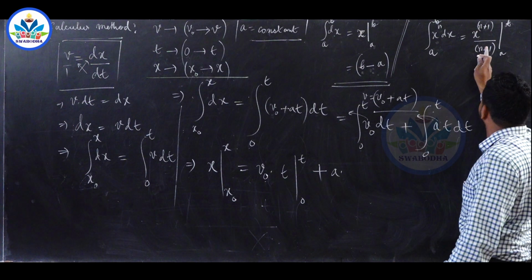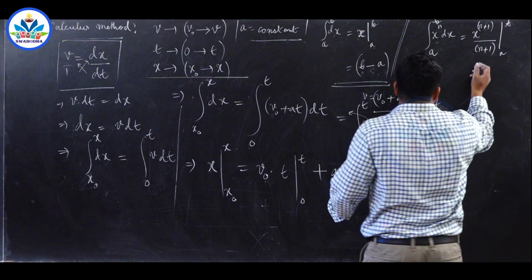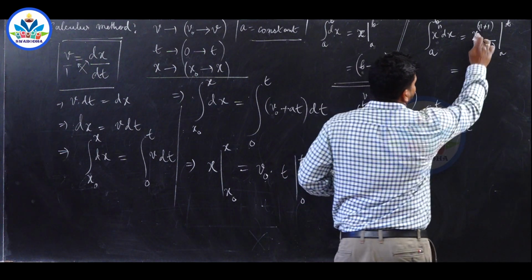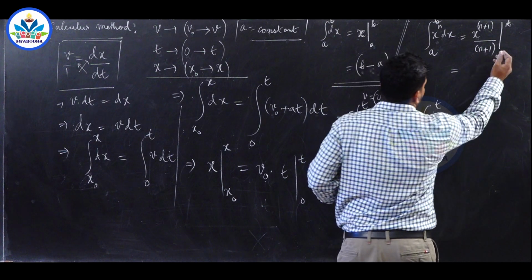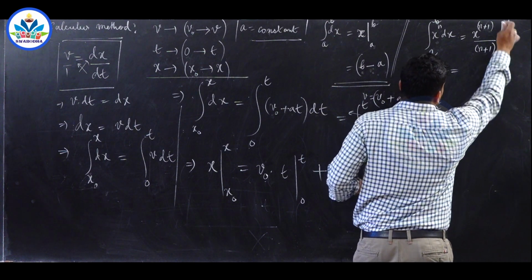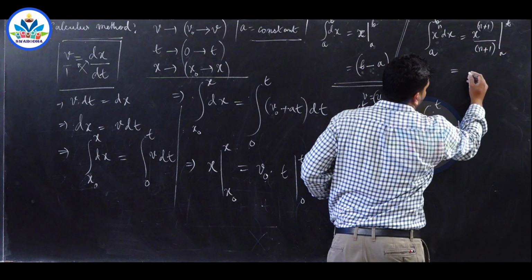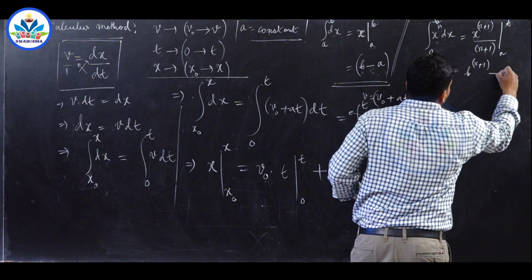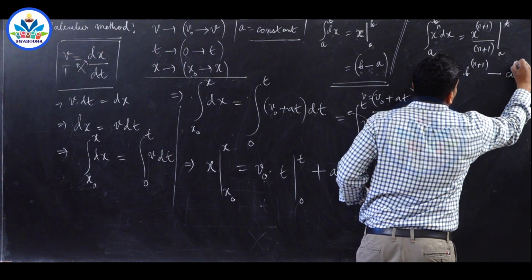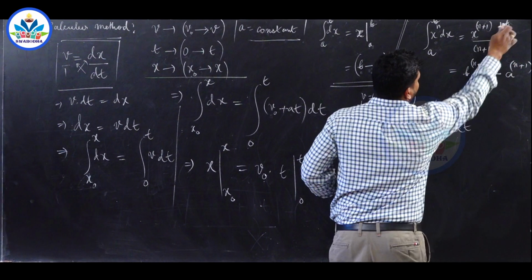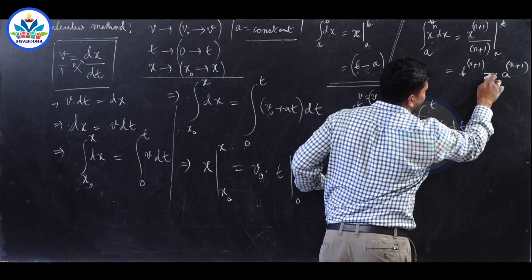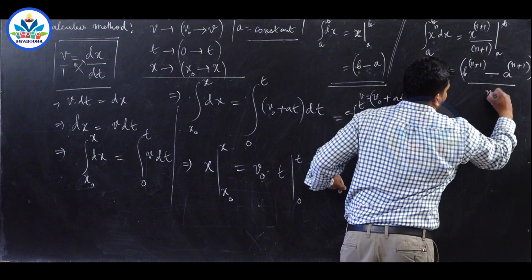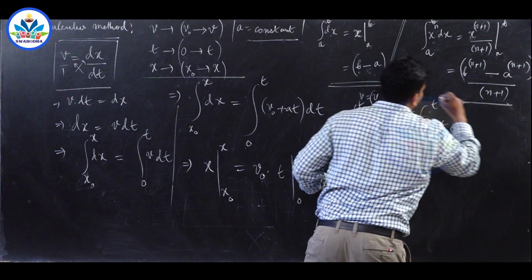You are going to study about this formula later in mathematics integration. First x equal to b, therefore b power n plus 1 minus a power n plus 1, because x equal to b power n plus 1 minus x equal to a power n plus 1, divided by n plus 1. This is how it ends.